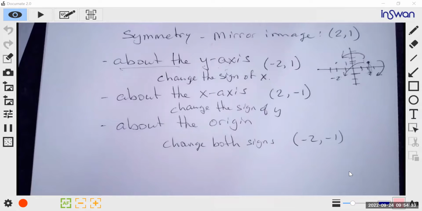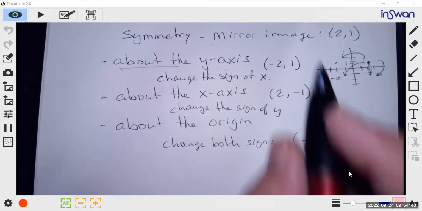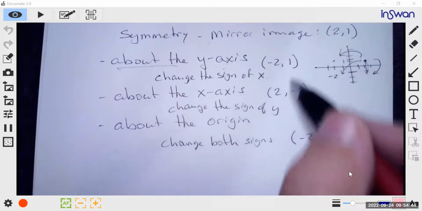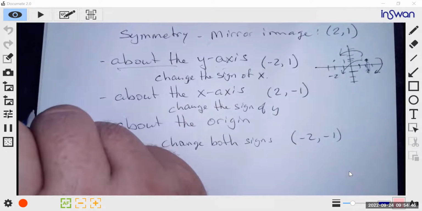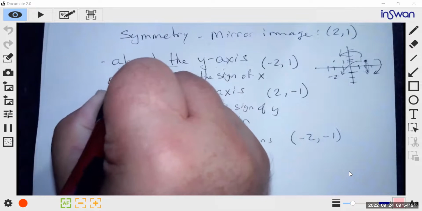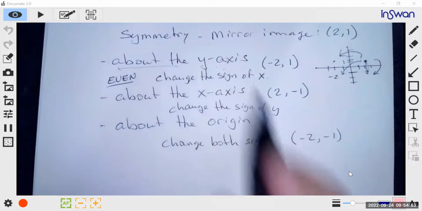All right. And as we talked about earlier, we have odd and even functions. An even function flips across the y-axis.